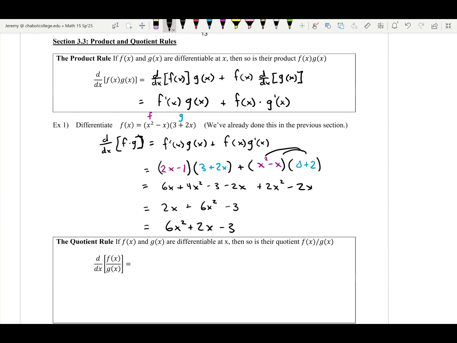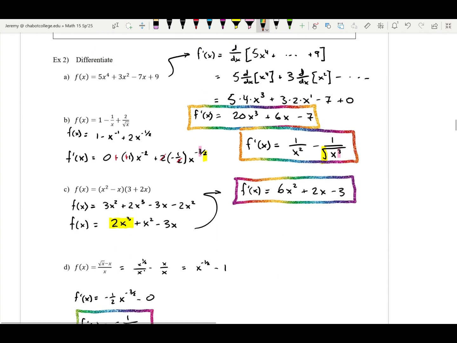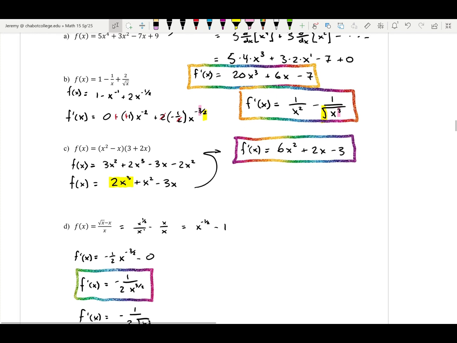Okay, so that's going to be our derivative, which we obtained using the product rule. And if we look back to the previous section, we did this example right here, and this was our answer, 6x squared plus 2x minus 3. So we got the same solution either way.